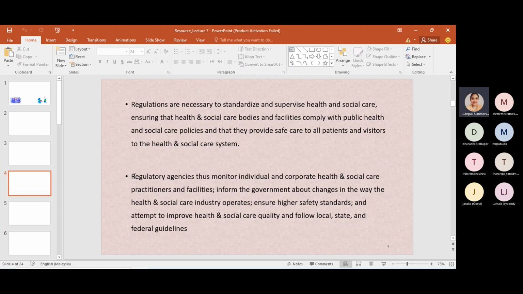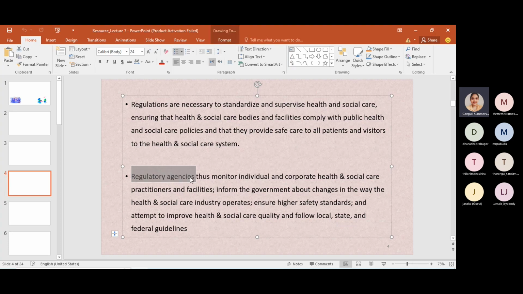Okay, so to check the health and social care sector, we have regulatory agencies. These regulatory agencies will check health and social care practitioners and health and social care workplaces. Practitioners means people. So the regulatory agencies will check both. They will check people, they will check practitioners, and they will check the facilities.